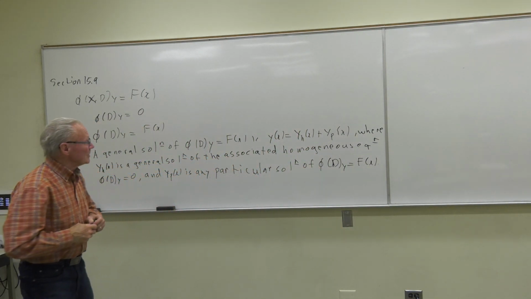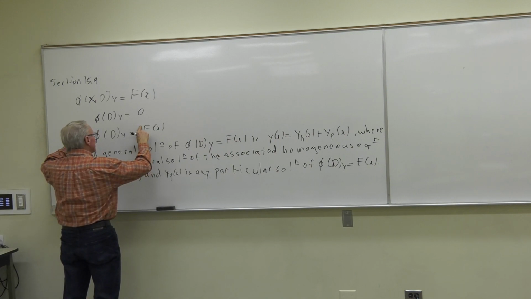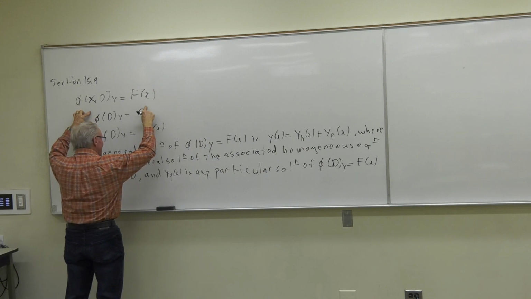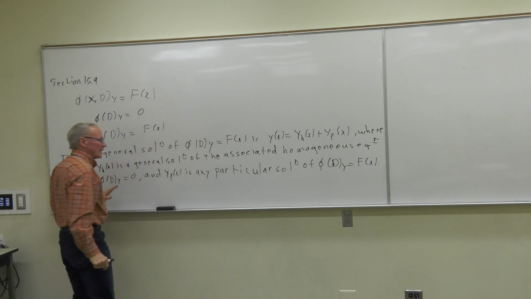So a general solution of this equation is obtained by finding a general solution of that, a particular solution of this, and adding them together.